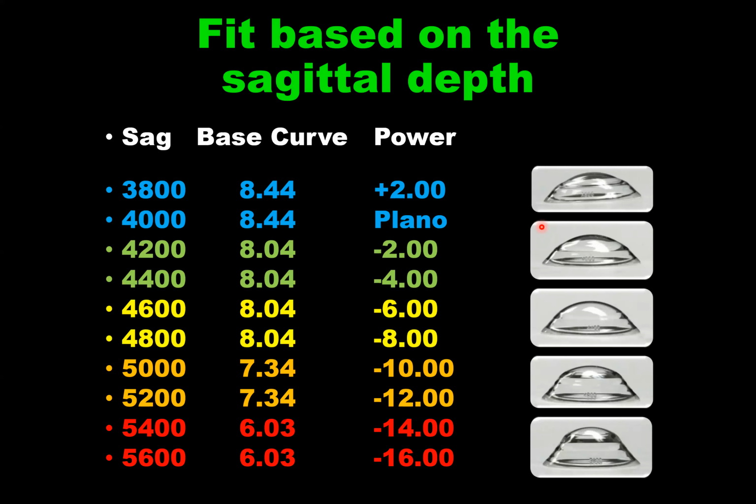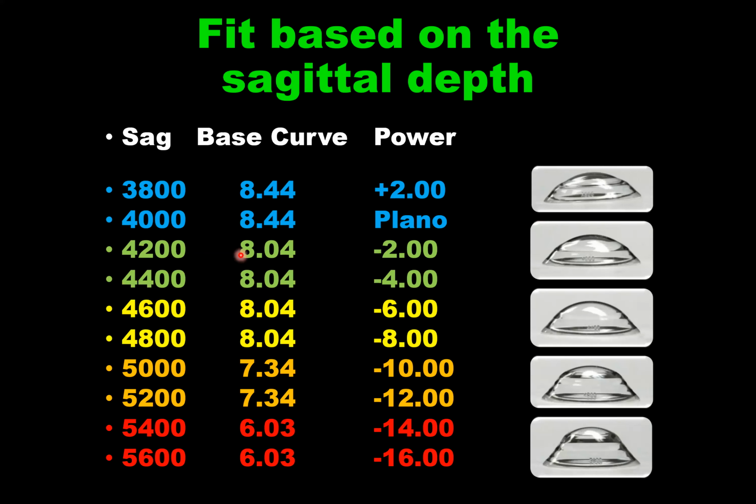Now, why is this important to you? It's important because if you diagnostically fit a 4400 SAG lens, but you want to custom order a 4200 or a 4600 lens, then you know you're dealing with the same base curve.